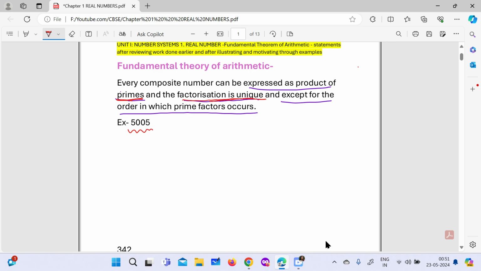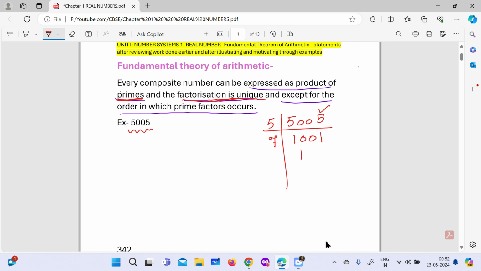Suppose, let's take this example, 5005. I will show you the prime factorization of 5005. If you remember, any number which has 5 or 0 at the ones place is always divisible by 5. So we will start dividing this by 5, and you get 1001. Now this is not divisible by 2, 3, 4, 5 or 6. Let's check with 7. 7 times 143 is 1001, yes, this is divisible by 7.